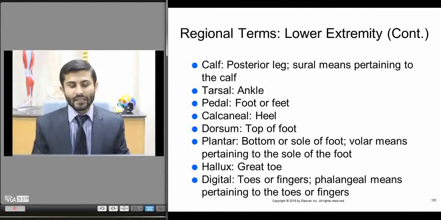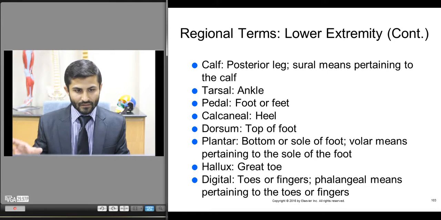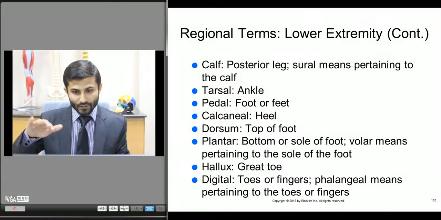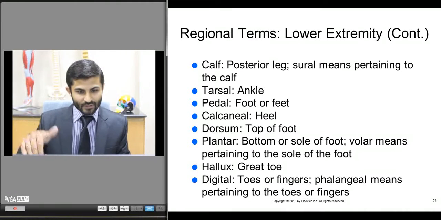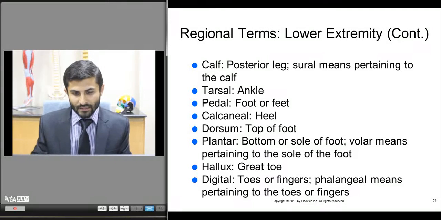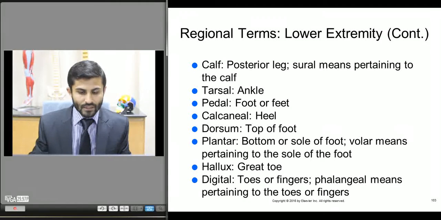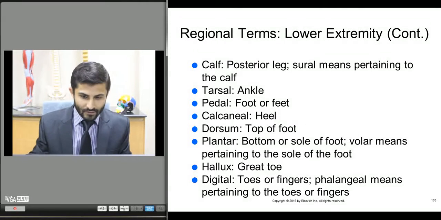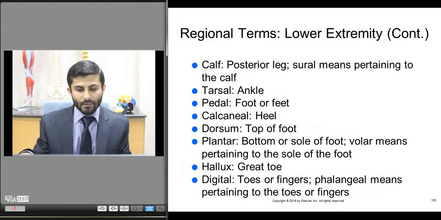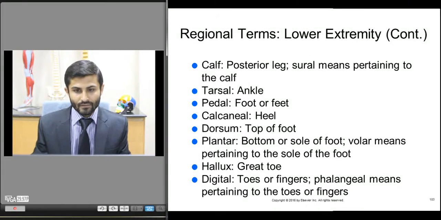The sural means pertaining to the calf, the muscle or the peripheral heart, the tarsal for the ankle, the pedal for foot or feet, calcaneal is for heel, dorsum is on the top of the foot, the heel is on the underside, and dorsum is towards the upper side. The plantar, bottom or sole of the foot, volar means pertaining to the sole of the foot, hallux for the greater toe or big toe, the digital for toes or fingers, phalangeal means pertaining to the toes and fingers.